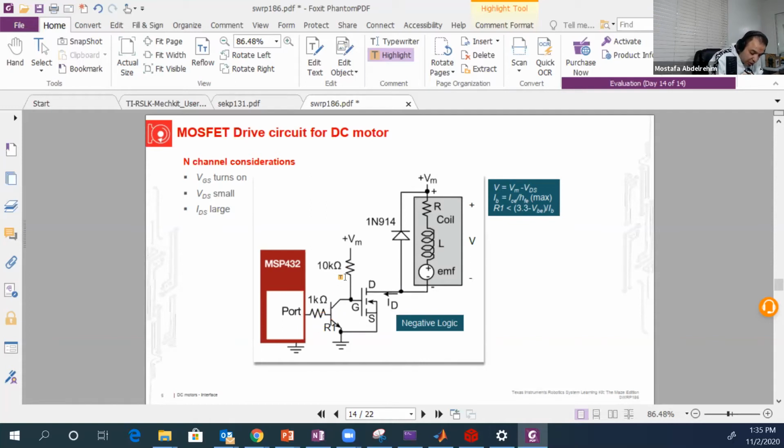So the current flowing into the transistor will be 0, and all the current will flow to the NMOS transistor that comes from the VM, the battery you have. Okay, this guy will work. Usually the voltage here is around 0.1 or 0.2, not 0.5. So most of VM will go to the motor, and the motor will rotate, with higher strength, we can say.